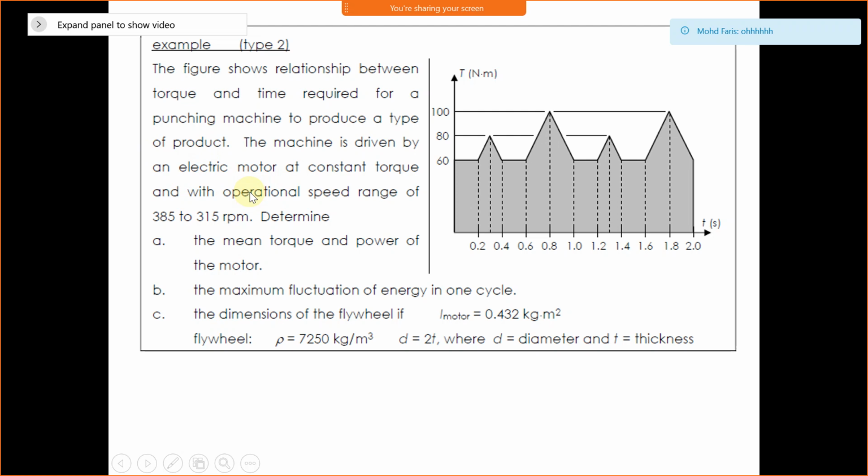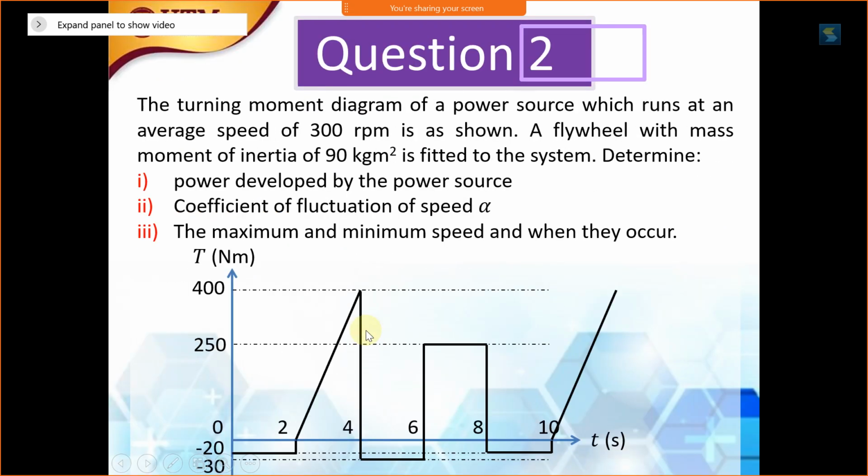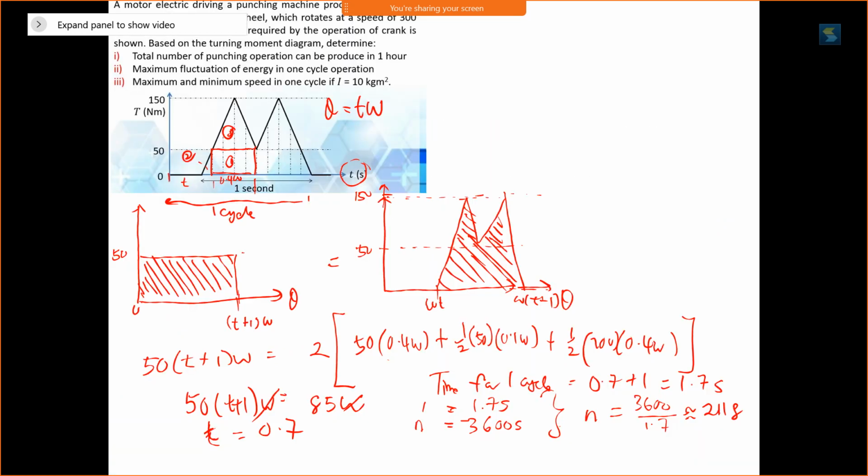Alright, at constant torque its shape is not constant like this. So in this case we need to find I overall first, and then we subtract the I of the motor to get the I of the flywheel. Okay, I overall is based on mk square. Alright, mk square. Okay, but it's fine because this one is the flywheel itself, it doesn't involve the motor.